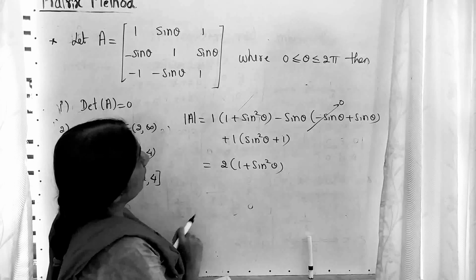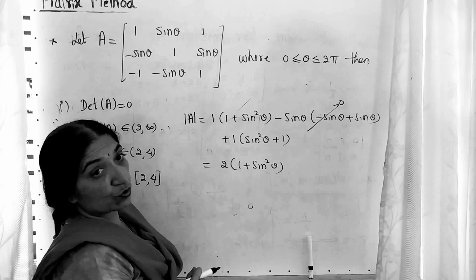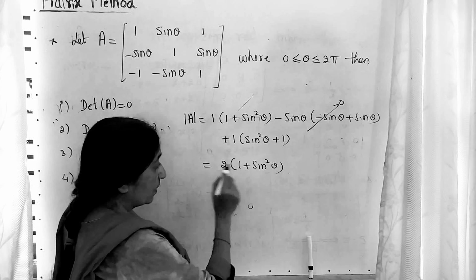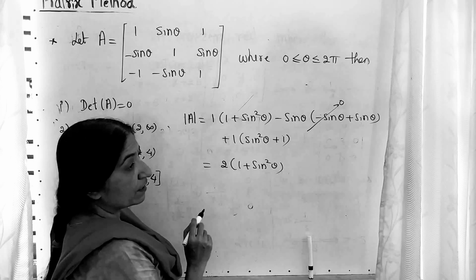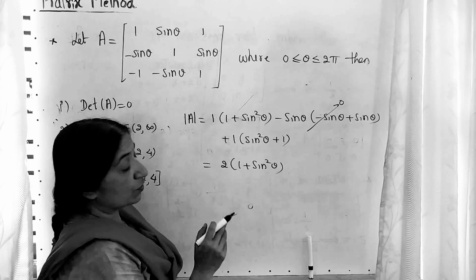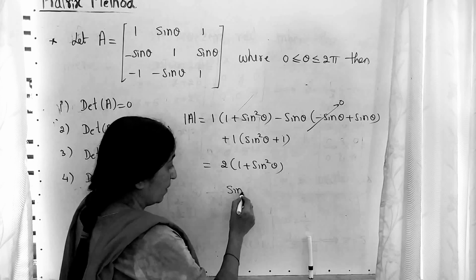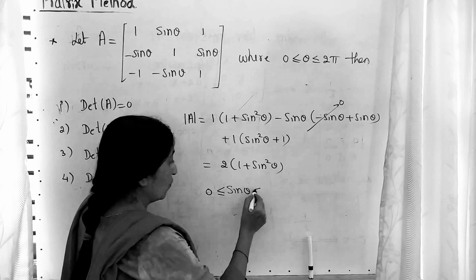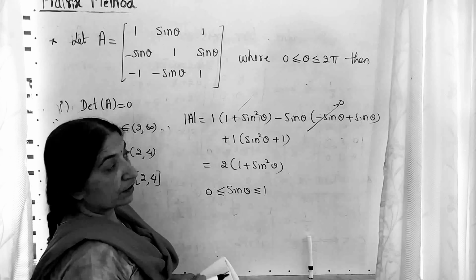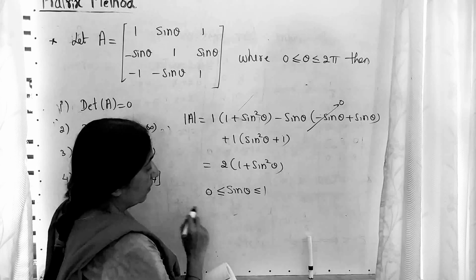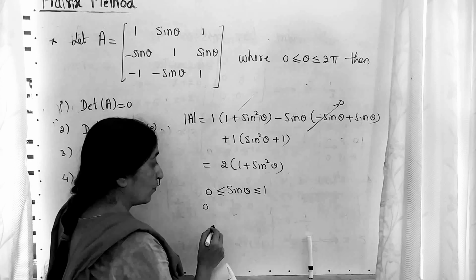Since what is given, theta is lying between 0 to 2 pi. That means sine theta is lying between 0 to 1. Understood? So here we want 1 plus sine square theta.